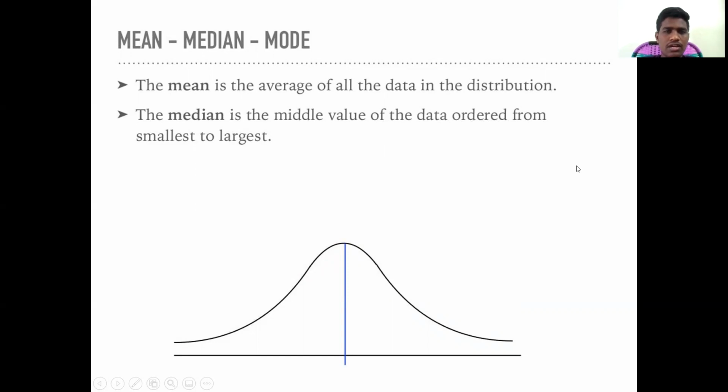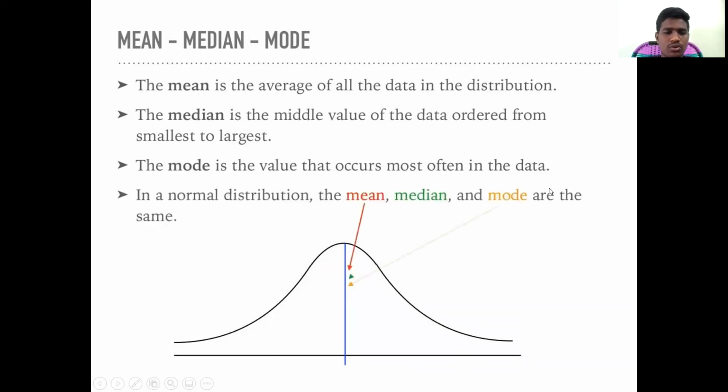If we arrange the data from smallest to largest, the middle value of that order is called the median. The mean is the sum of all the observations divided by the number of observations. The mode is the value that occurs most often in the data. The most frequently occurring value is called the mode.